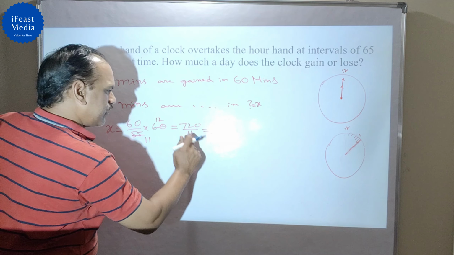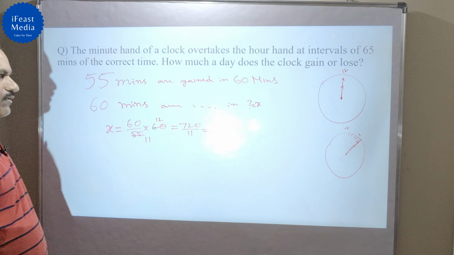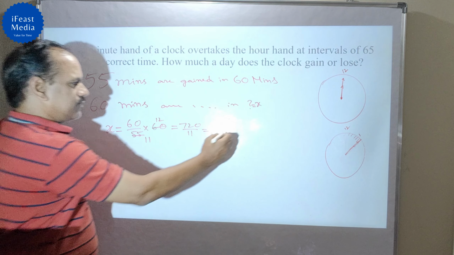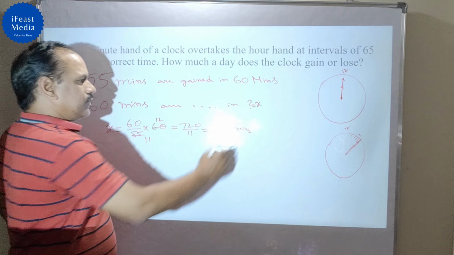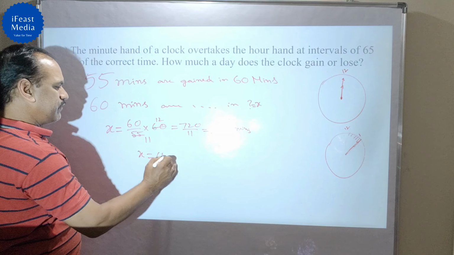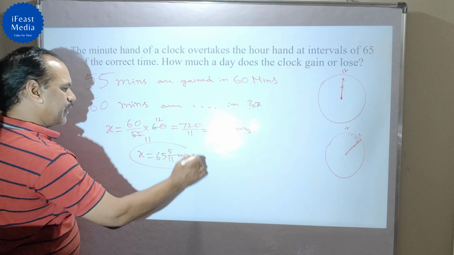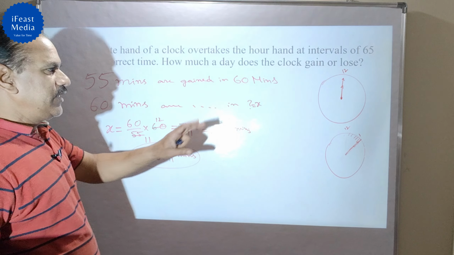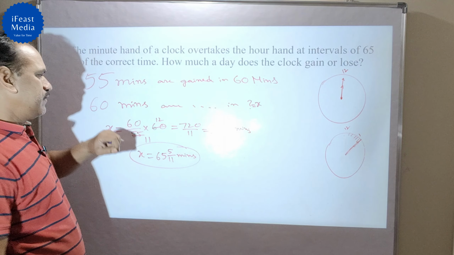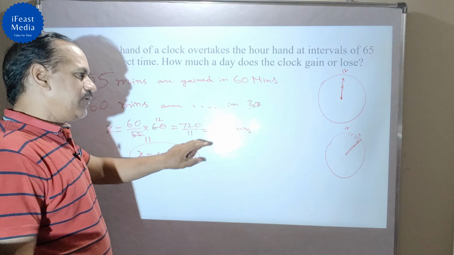So it is 720 by 11, 65 5 by 11 minutes. So here x equals 65 5 by 11 minutes. 55 minute spaces are gained in 60 minutes, then 60 minute spaces are gained in 65 5 by 11 minutes.